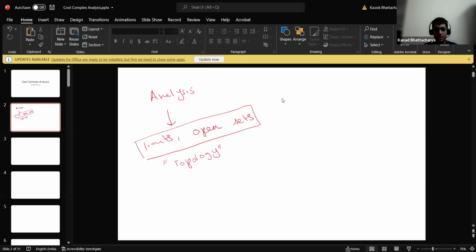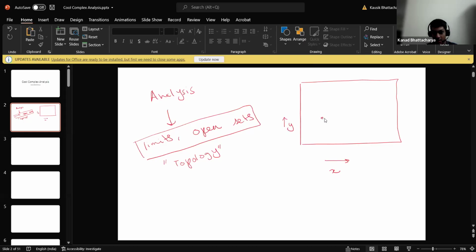Okay, so how do we define a limit, right? First I shall define the limit of a sequence, and then get into the limit of a general function. So basically, let's say this is the complex plane. So this probably denotes x, this denotes y.